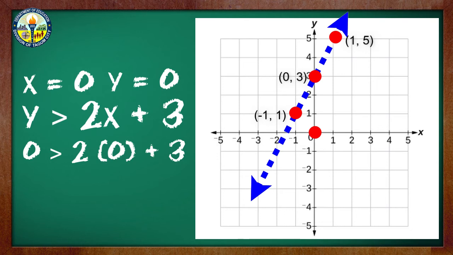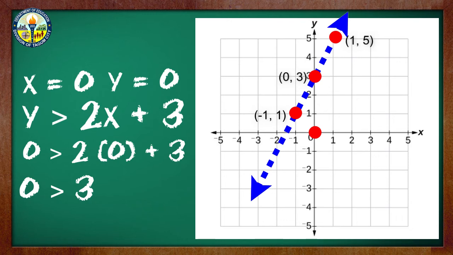Simplifying, we have 0 is greater than 3. Now, is the statement true? Is 0 greater than 3? No, it's not true. That means all points below the line do not belong to the solution of the inequality.